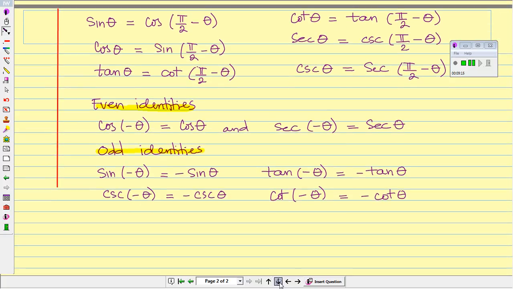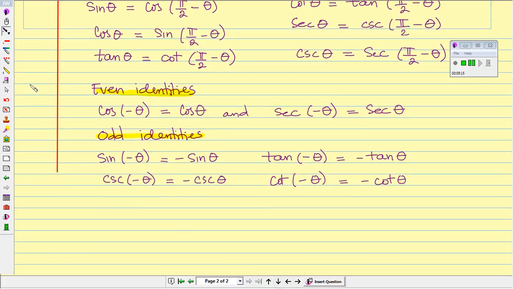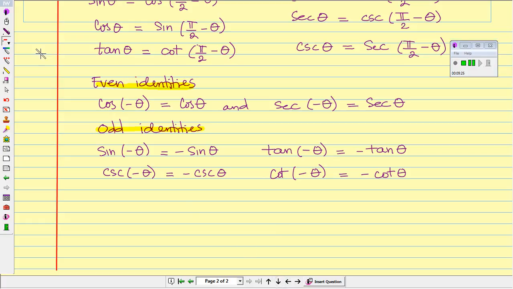So now we are going to use these identities to simplify the following expression. We call this an example.